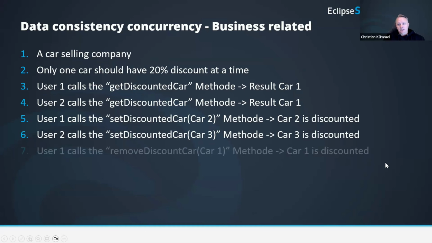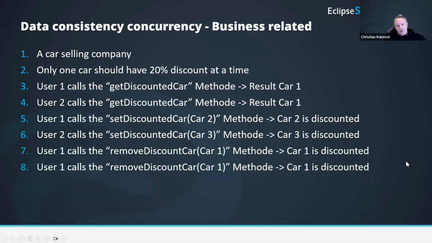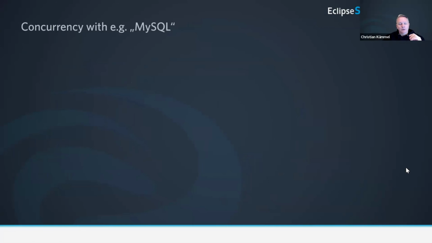Just at that moment we get the situation that we have 2 cars discounted at a time, and this is not what should be at the end. You see, it's always important to take care of concurrency handling, most of the time on the business layer.